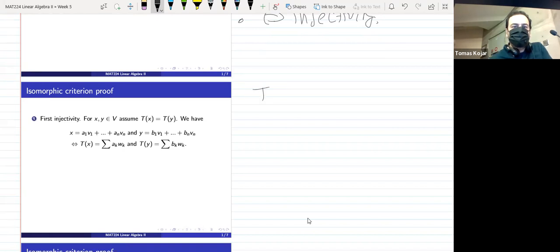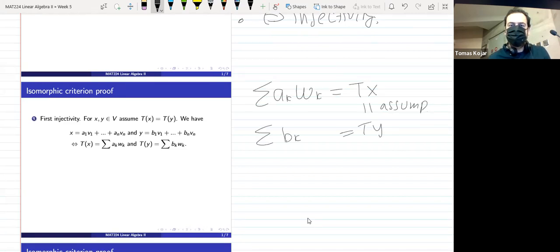We have the summation of ak wk equal to T(x), which by assumption is equal to T(y), which then equals the summation of bk wk. Any ideas how to finish from here?